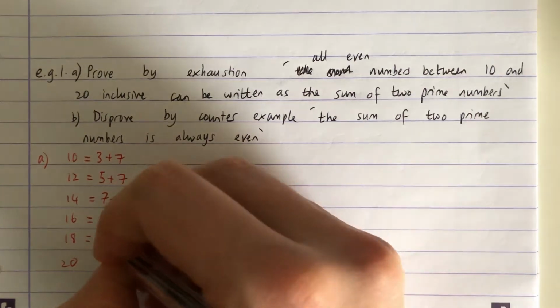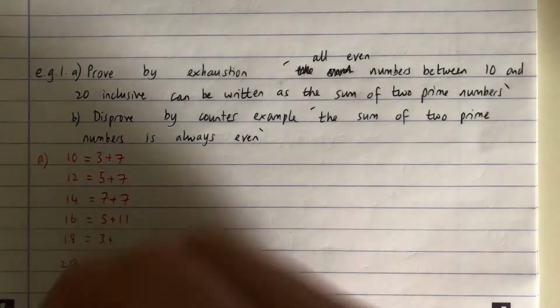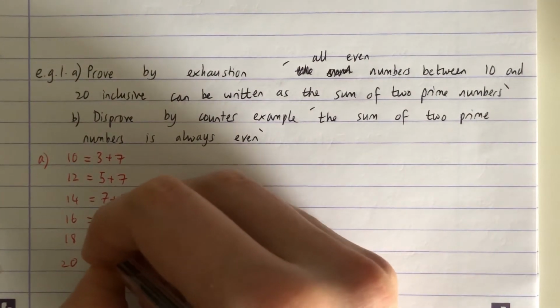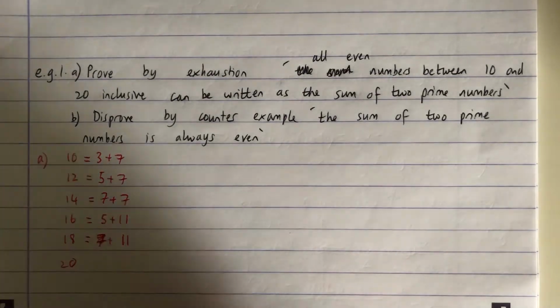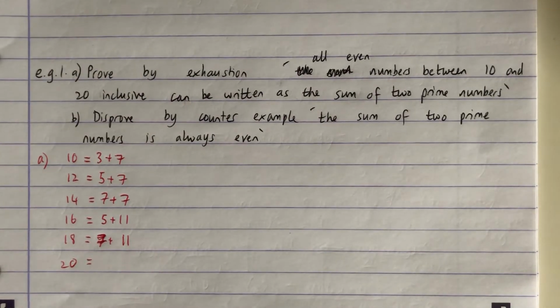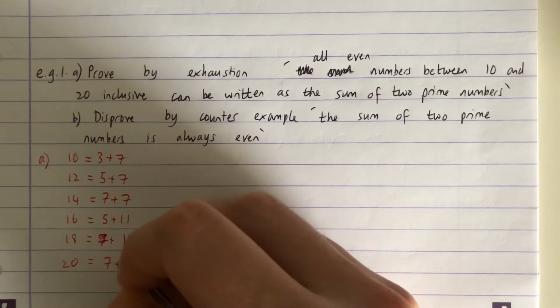18 is 3 plus 15. No, 3 plus 15 is definitely not going to work. So let's try 7 plus 11. That's better. And 20 would be 7 plus 13.